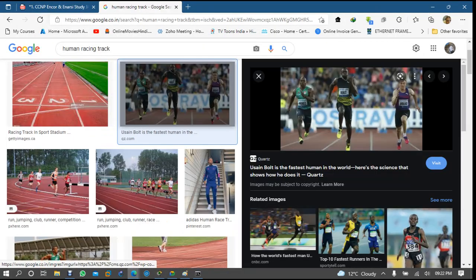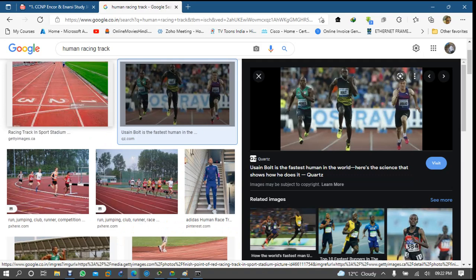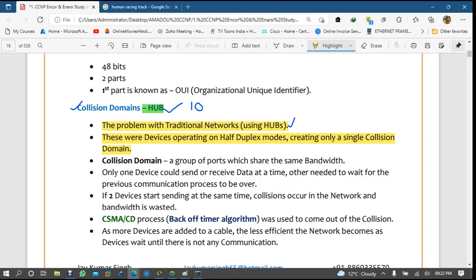If someone leaves the track and moves to another track that is already busy with data, it will crash. It crashes because they use only a single collision domain. A single collision domain means simply a road with a single car, so only a single car can go. But if multiple cars come, there will be an accident.